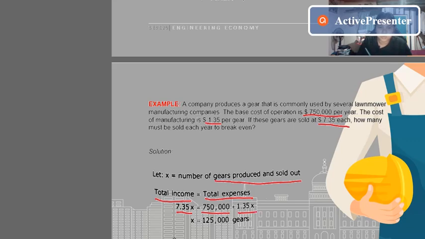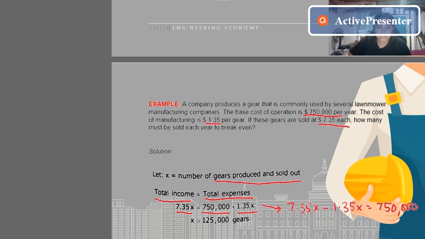So solving for X, we simplify so that we can solve for X. We have 7.35x, and we transpose the 1.35x. It is positive, so it becomes negative. It is equal to 750,000.